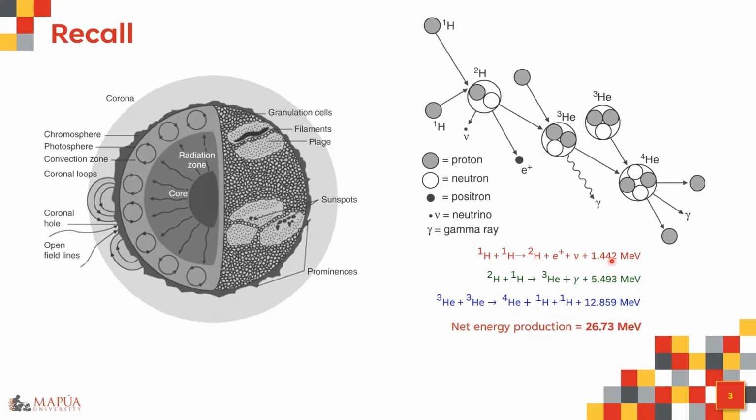Okay, so the net energy production for this chain involving four hydrogen nuclei and a helium nucleus is about 26.73 mega electron volts.